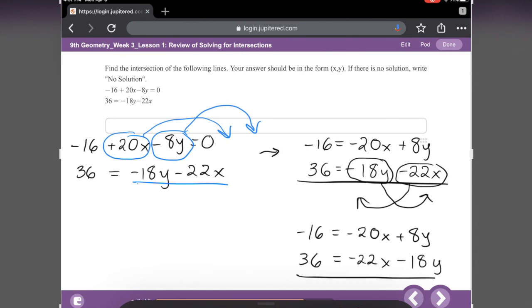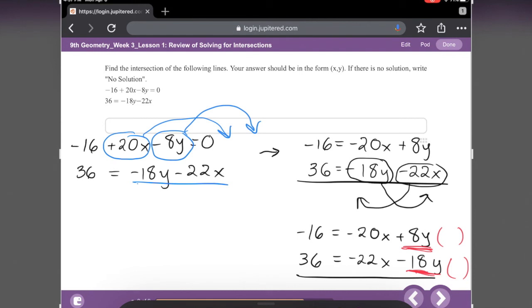Let's try the y's instead. 8 and 18. Okay, so I need to multiply these numbers that I've underlined in red by numbers so that the coefficients will be the same thing but with the opposite sign. So basically the question that I'm asking is, what is the least common multiple of 8 and 18?